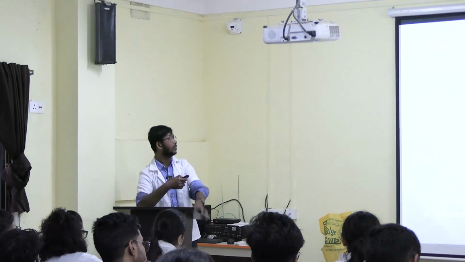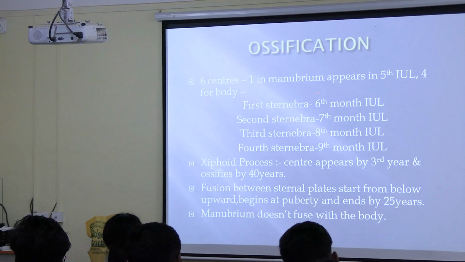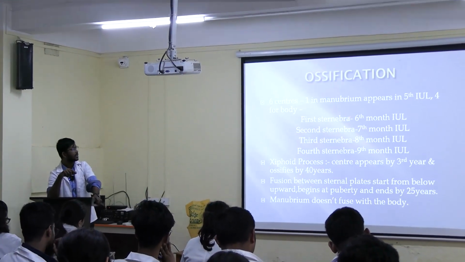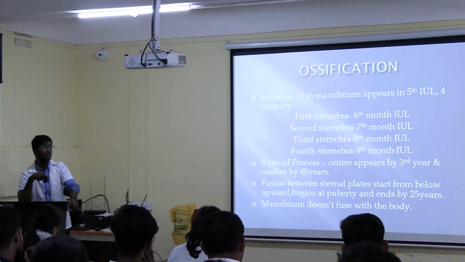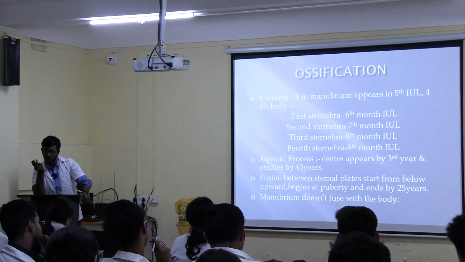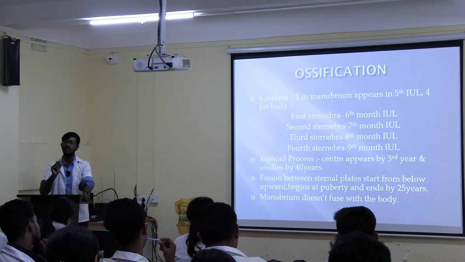I have written only one, but usually 2 to 3 are present. In the xiphoid process, the center appears by the 3rd year of life. This is not intrauterine life. After the baby is born, by the 3rd year, the primary ossification center for the xiphoid process appears.